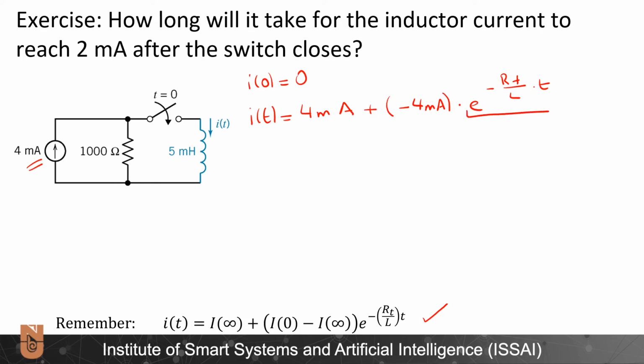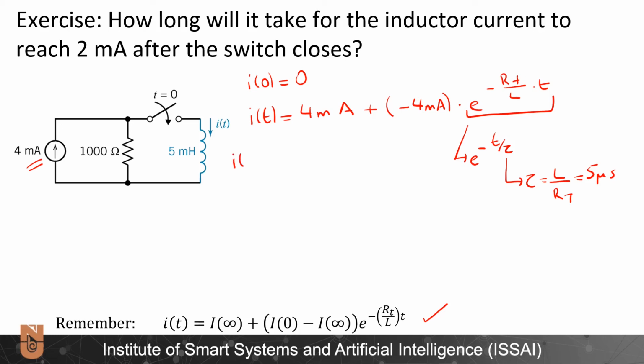I can write this expression as e to the minus t over tau, and from here tau is equal to L over R_T. L is equal to 5 millihenries and R_T is equal to 1000, so this will be equal to 5 microseconds. That's the time constant.